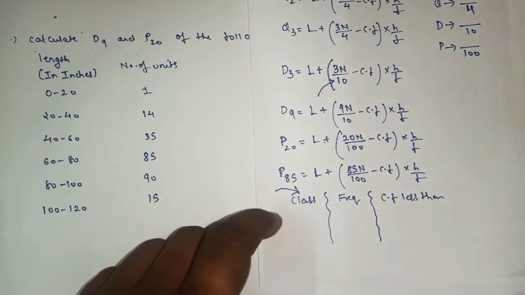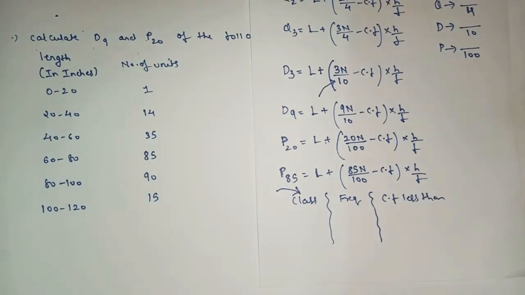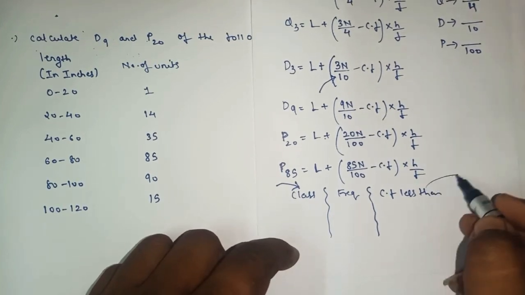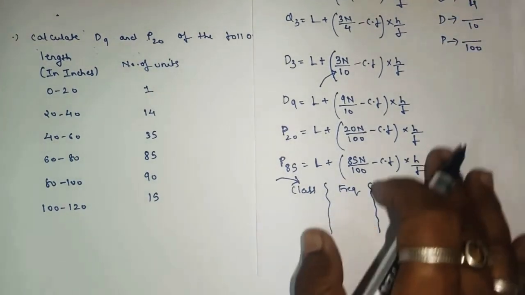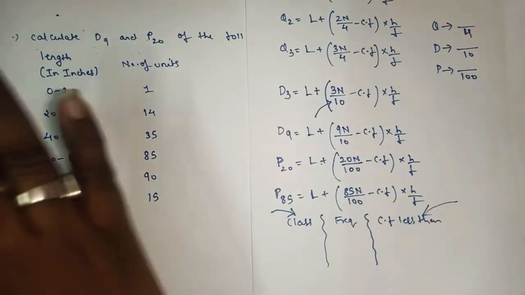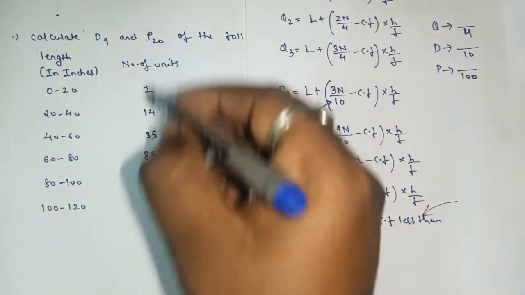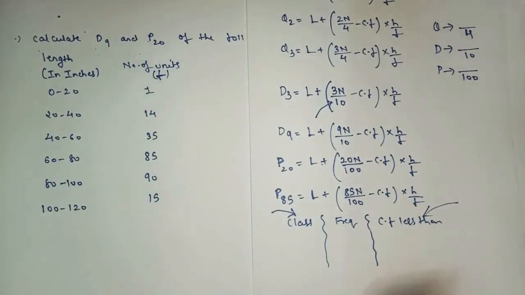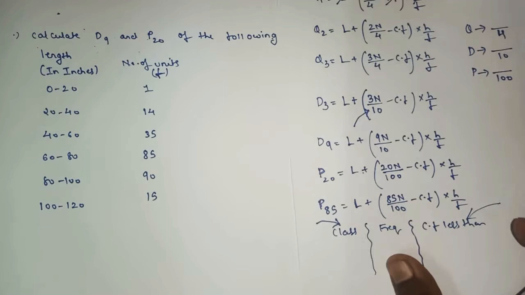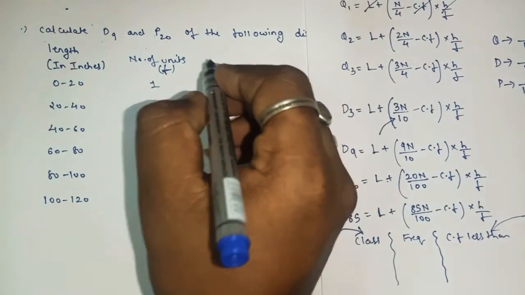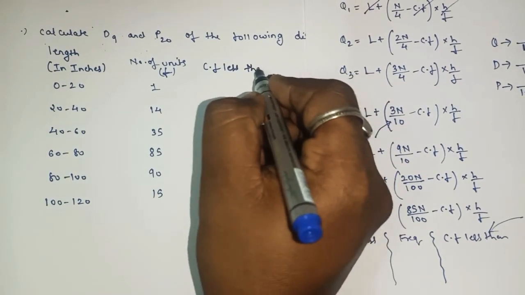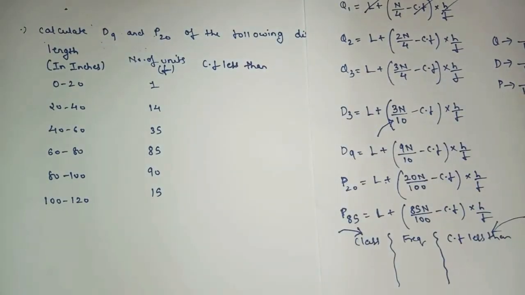As per the rule, whether you have to find quartiles, deciles or percentile, the class has to be continuous, and the cumulative frequency column is compulsory. Clearly we can see the class is continuous. The second column is the frequency, and now we have to find the cumulative frequency, so you will write cumulative frequency less than. We all know how to find the cumulative frequency.